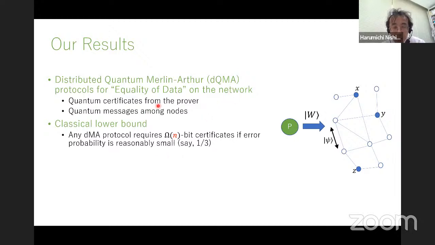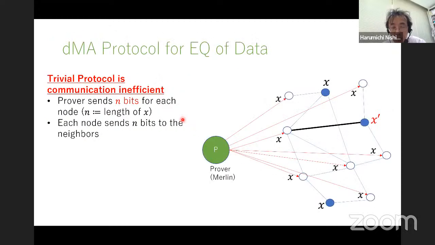Our problem is equality of data. Any DMA protocol requires an Omega(n)-bit certificate. So the previous trivial protocol is optimal in order.